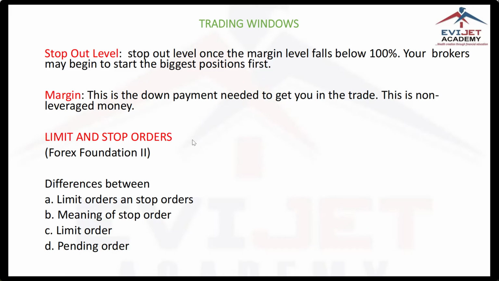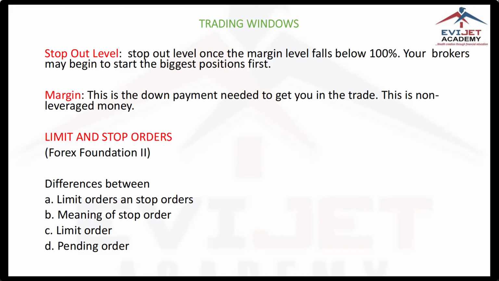Now, basically, there are different ways you enter a trade. You can enter a trade instantly, which we call buy by market. So you want to buy Euro USD. You don't want to wait for a particular price. You want to buy now at the price that is selling.